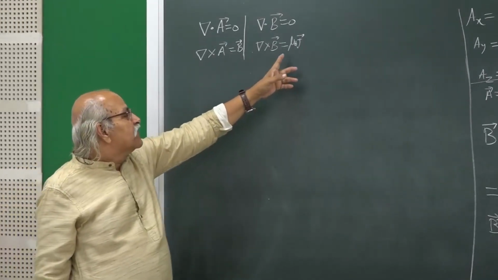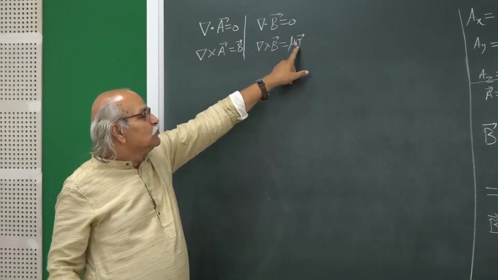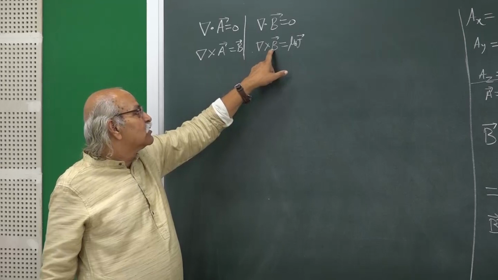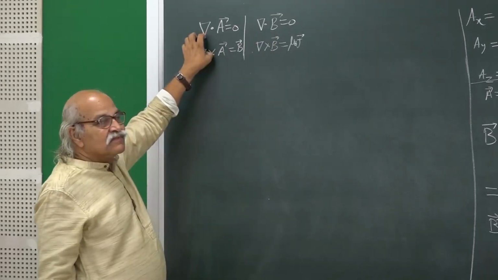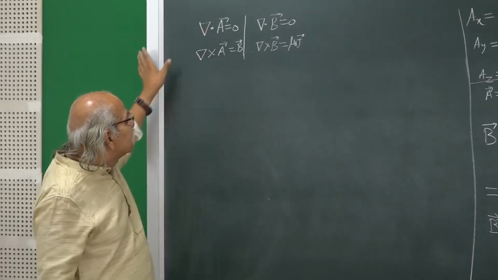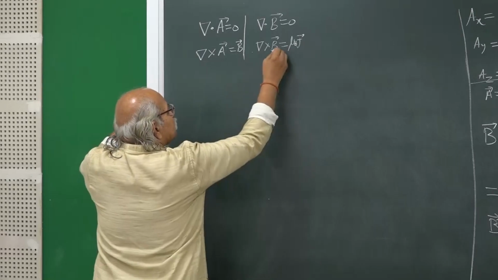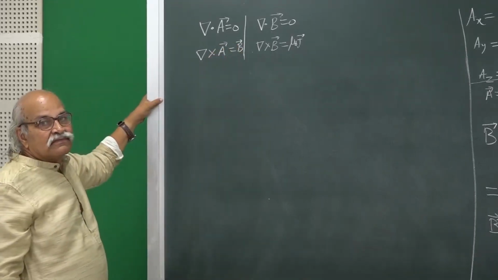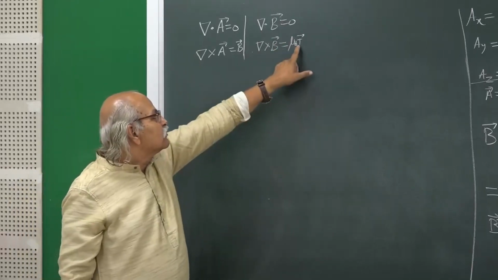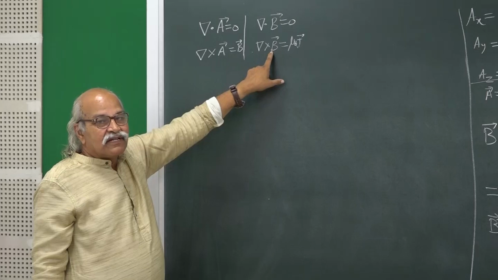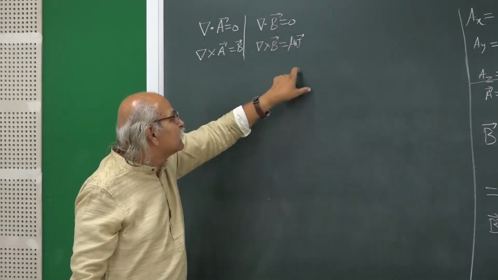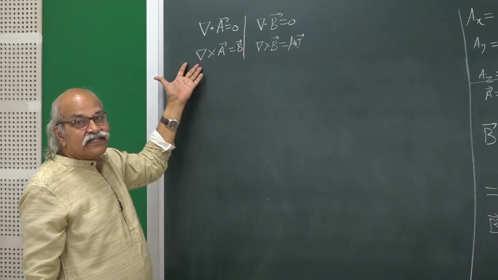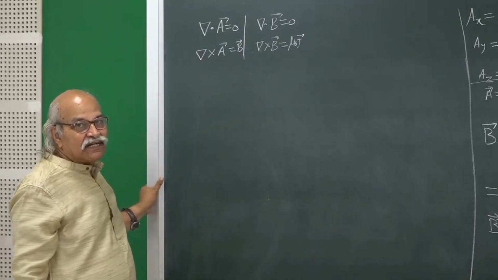If the current density is given, and you know how much the electric field is for the given current distributions, then using this analogy you can also say that the way this B is obtained from J, in the same fashion this A will be obtained from B. If you know the current distribution and the corresponding magnetic field, and you put the same algebraic expression for that current density here, then it is identical equation, identical algebra, identical solution, that will give you A directly.